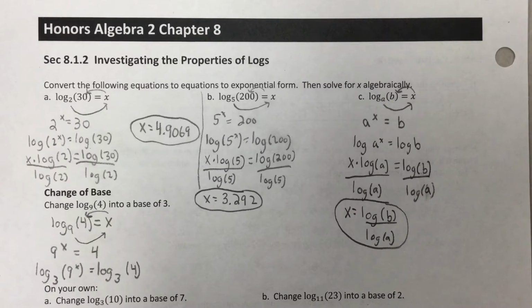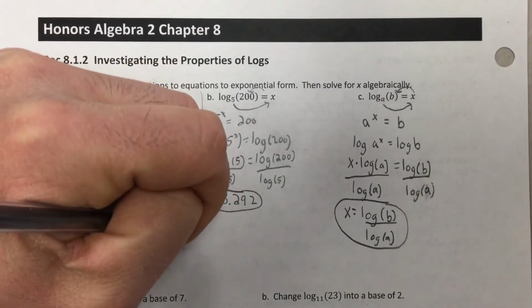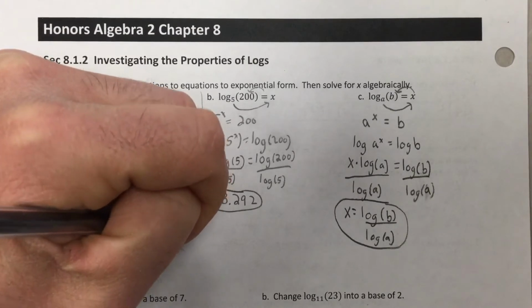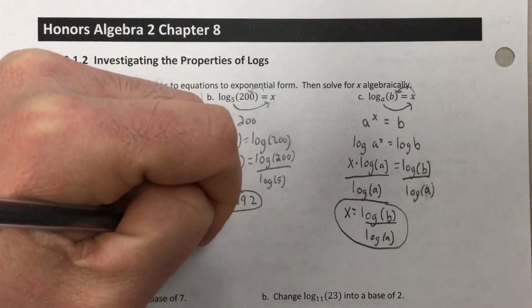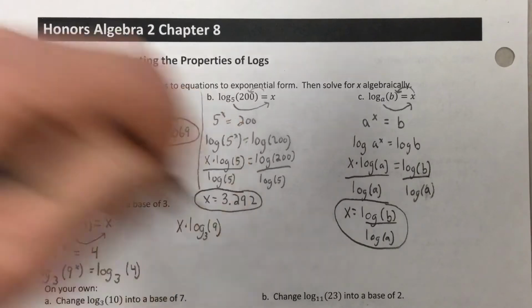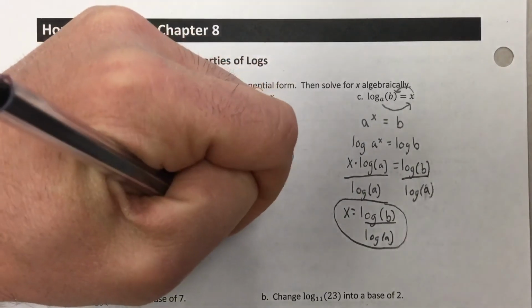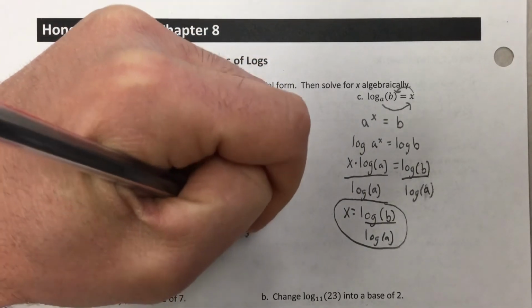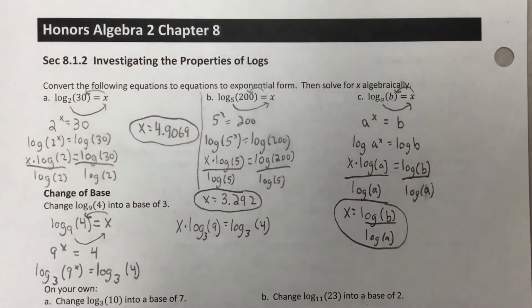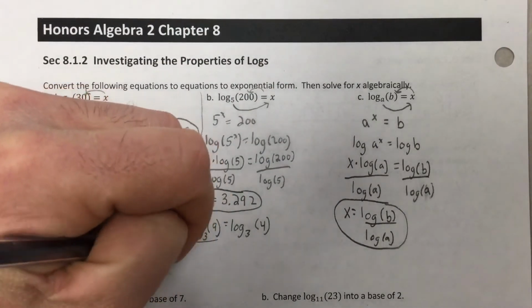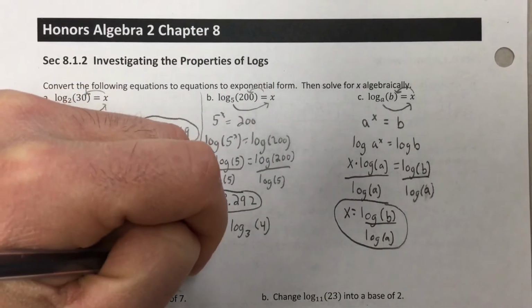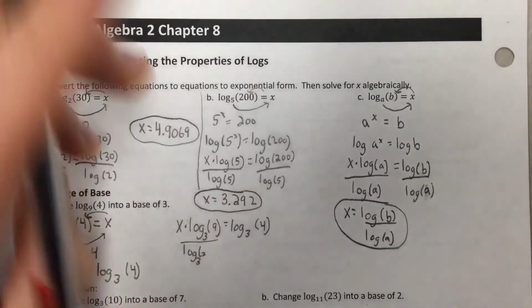And so, when I take log base 3, I can still use my power property. And now I have x times log base 3 of 9 equals log base 3 of 4. And to get the x totally by itself, I would divide both sides by log base 3 of 9.